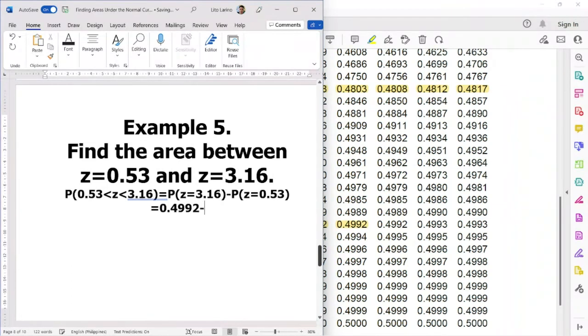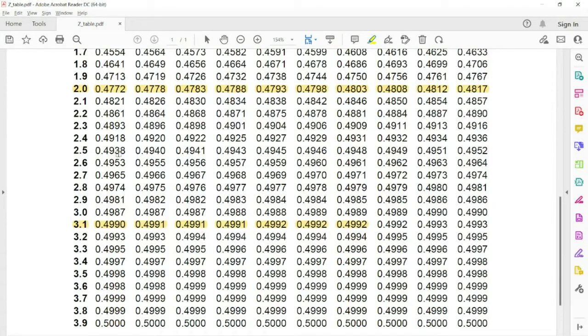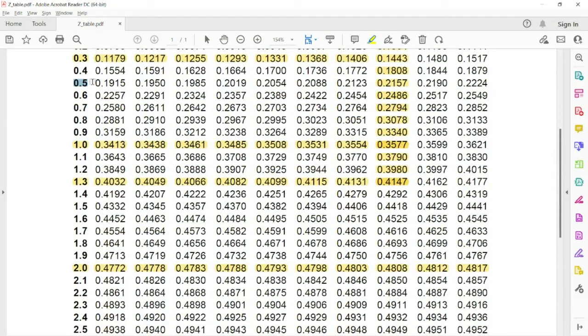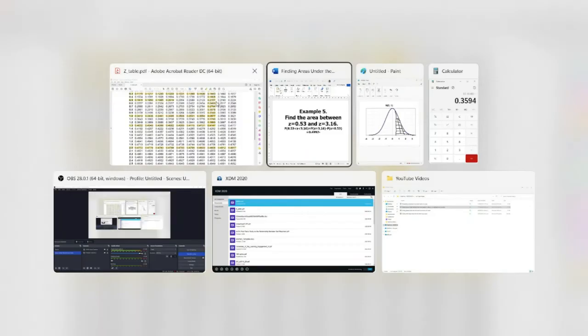Okay, we have 0.4992 minus the area when the z-score is 0.53. We have 0.53, 51, 52, 53, 0.2019.